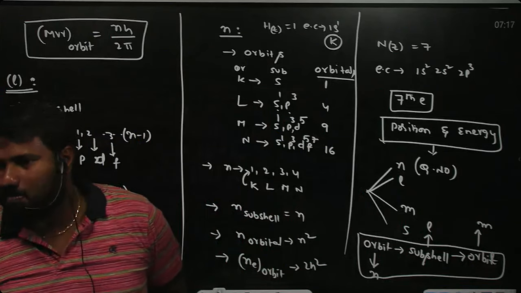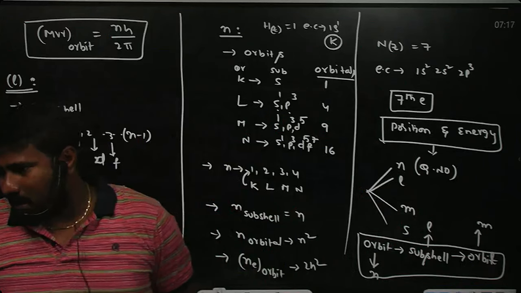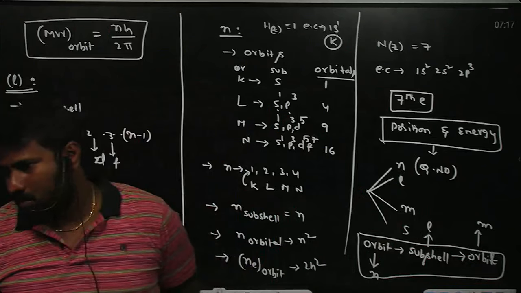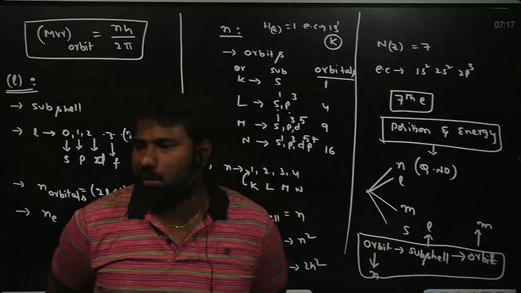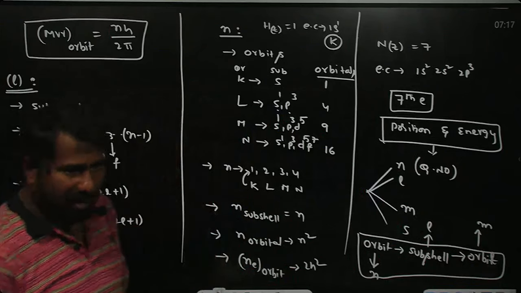For example, p subshell: 2 into 3, 6, because there are 3 orbitals in the p subshell. For d, 2 into 5, 10. For s, 2 into 1, 2. For f, 2 into 7 orbitals, 14 electrons. Like that only we can answer.